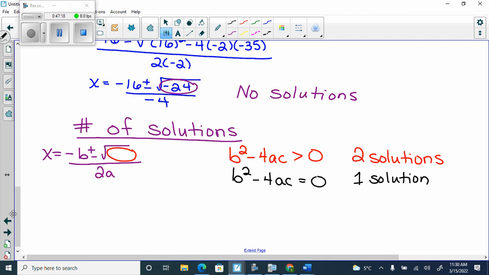And what happens if under this radical it's negative? What happens when b squared minus 4ac is less than 0? How many solutions do I have? No solutions, because I can't take the square root of a negative number, right?